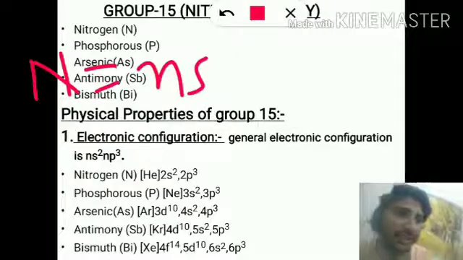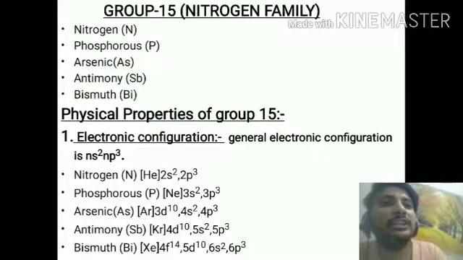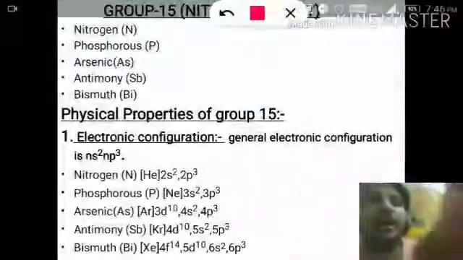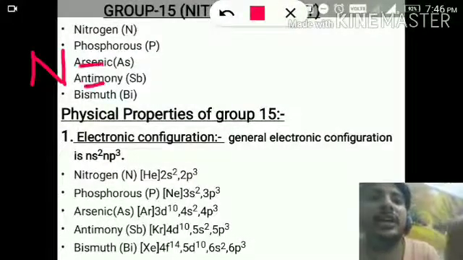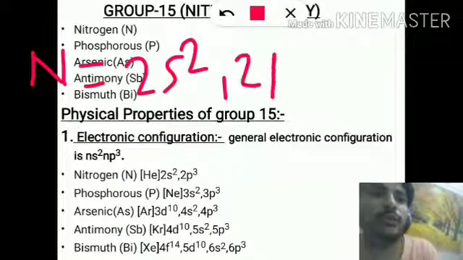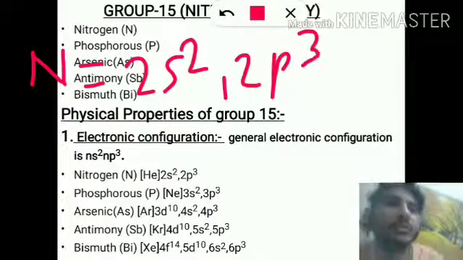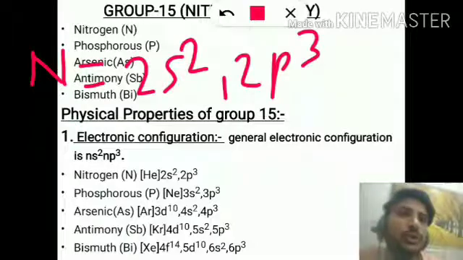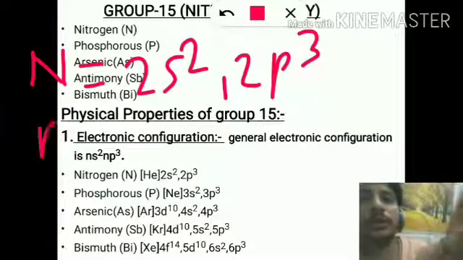We have 7 periods and 18 groups. So we can write the electronic configuration as 1s2, 2s2, 2p3.